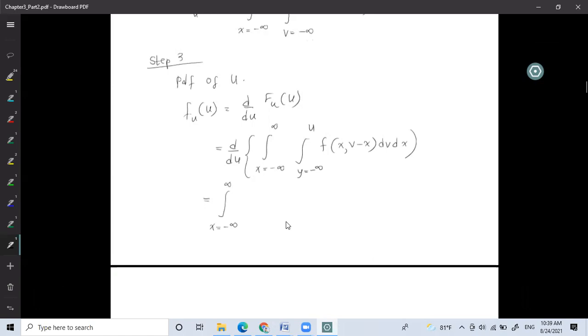So nothing will happen to this integration because we are doing the integration with respect to u. So you can take it to the inside of this integration. So our inside integration is, sorry, not y, v. V goes from negative infinity up to u.